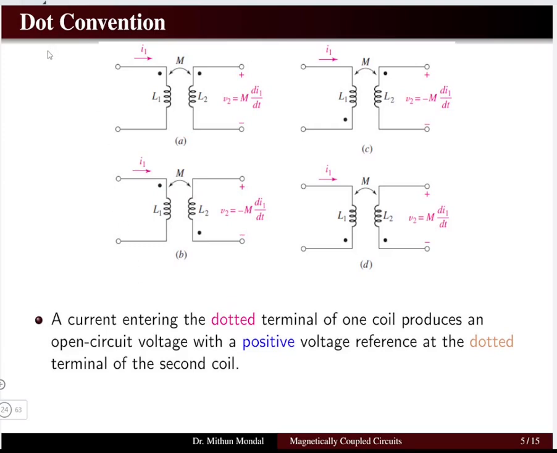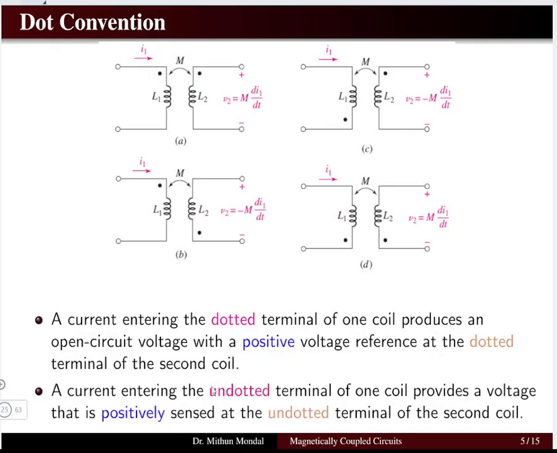So the famous dot convention says that if a current is entering the dotted terminal, like here we have a dotted terminal where the current is entering one coil, it will produce an open circuit voltage, because here we have the open circuit condition in the second coil, with a positive voltage reference at the dotted terminal of the second coil. So wherever we have the positive polarity, it will be occurring at the dotted terminal.